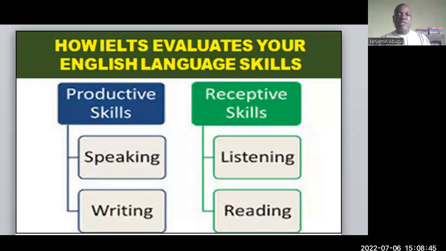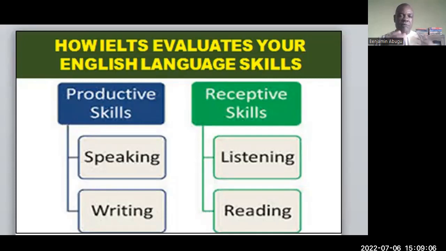Now, these four language skills are subdivided into two: productive skills and receptive skills. All right, so the productive skills are speaking and writing, and the receptive skills are listening and reading.